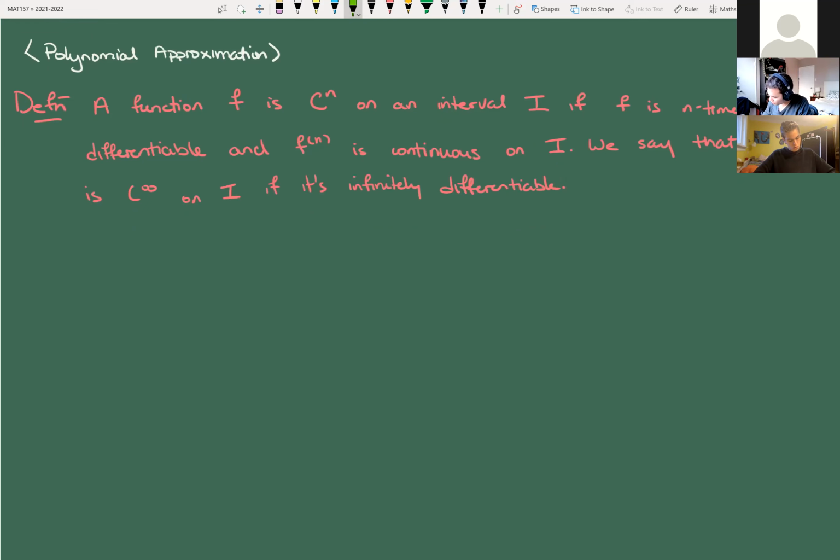And so what is our goal? We want to find a polynomial. So let's say we fix a function f and a point a. What we want to do is find a polynomial which is a good approximation to f at a.